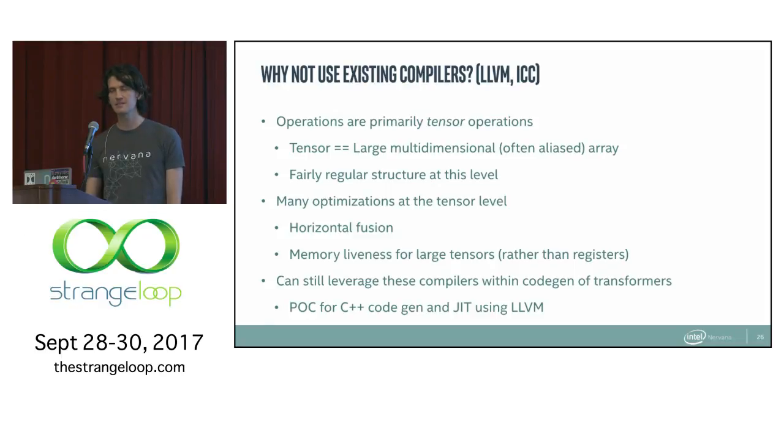There are many optimizations that we want to be thinking about at the tensor level. So we do tricks like horizontal fusion in order to simplify the amount of computation that needs to be done. When we think about memory liveness, we need to think in terms of keeping tensors in memory instead of registers. And by designing a system on top of these compilers, we're still able to reuse the code gen of those in the transformers. Our proof of concept for a C++ code gen is leveraging the just-in-time compilation that exists in LLVM.